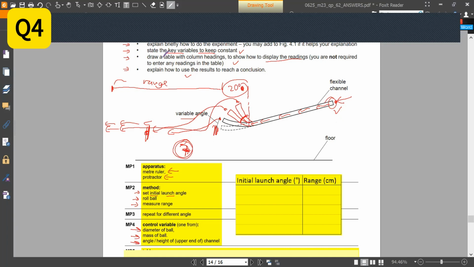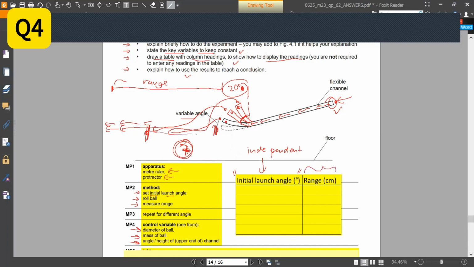Next, draw the table with column headings. So what will be the suitable table to draw? First, we must have the independent variable, which is the angle at which we launch. The angle that we are adjusting here, and the range.